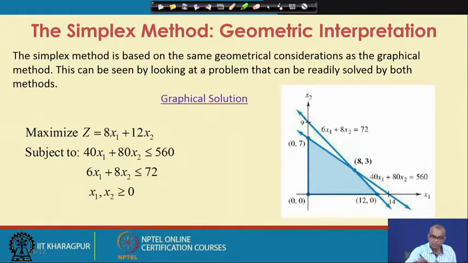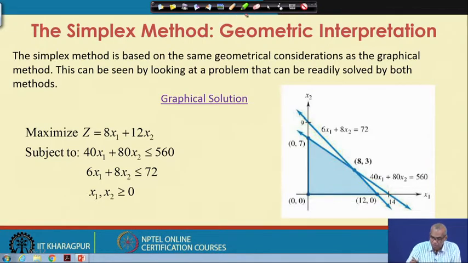So, look at the corner points: 0 0, which is the origin, one corner point of the feasible space shaded in blue, 0 7 is another corner point, 12 0 is another corner point, and 8 3 is another corner point, and 8 3 happens to be the optimal solution.